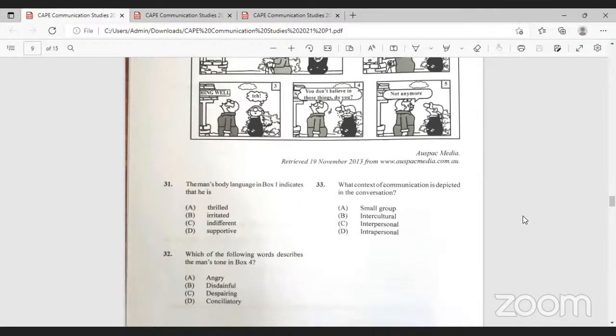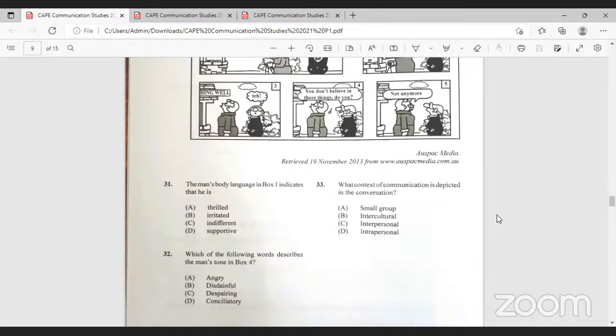Got it? The answer is B, disdainful. Disdain means that you think particularly lowly of something, right? The man is asking, "You don't believe in those things, do you?"